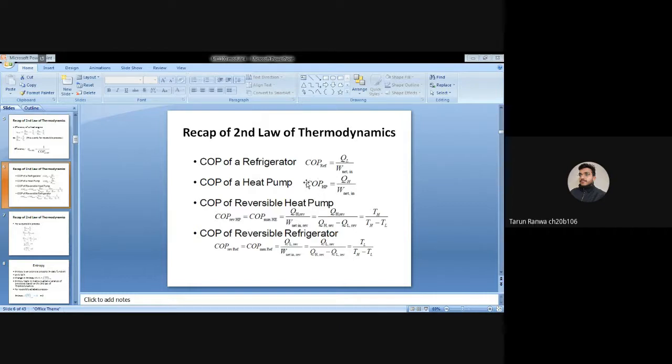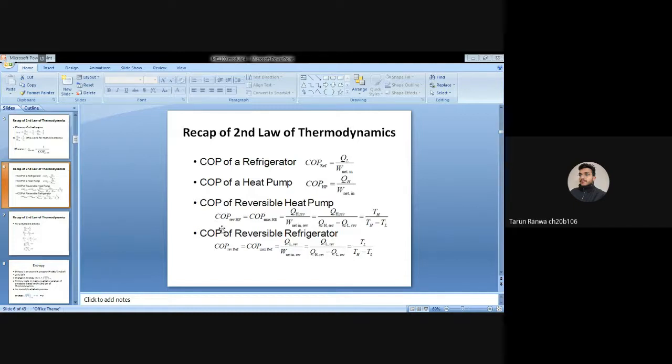So the COP of a reversible heat pump equals QH divided by W in, which equals QH divided by (QH minus QL), which equals TH divided by (TH minus TL).